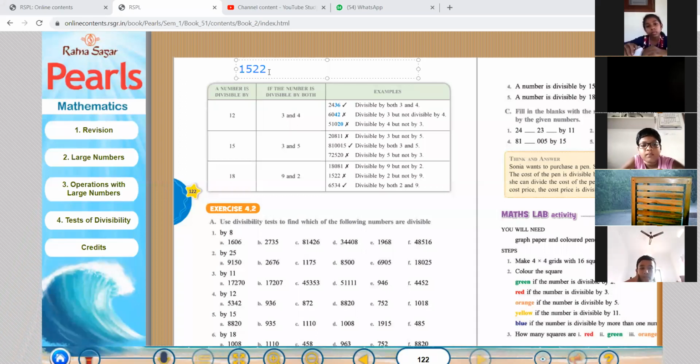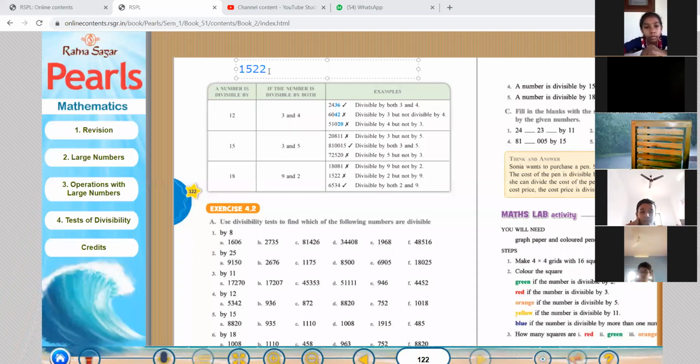First of all, we have to find the sum of its digits. 1 plus 5 plus 2 plus 2 is 10. Now we have to check whether 10 is divisible by 9.